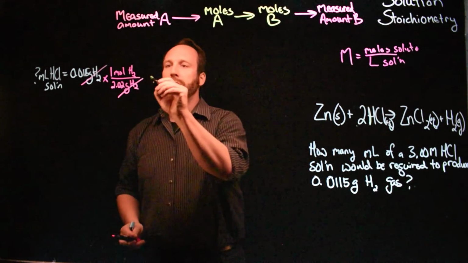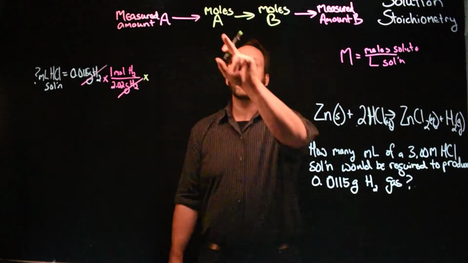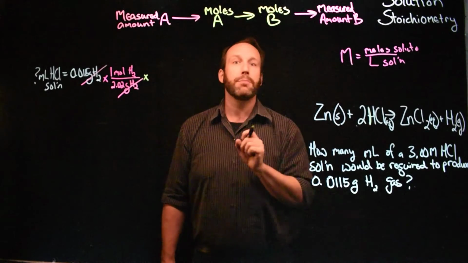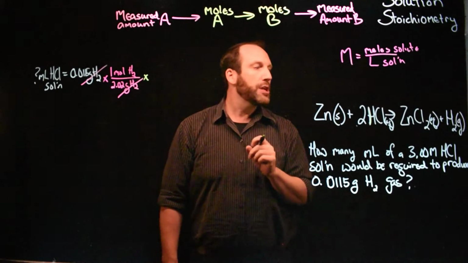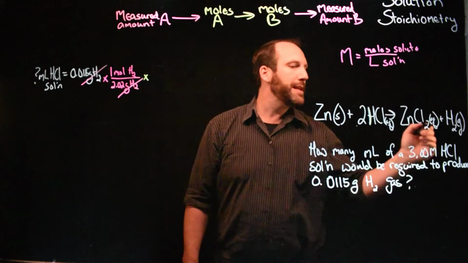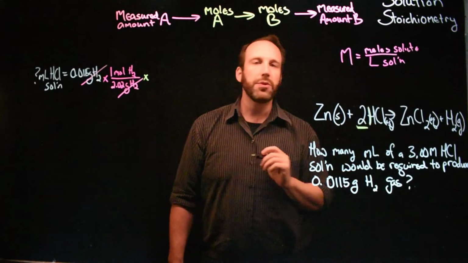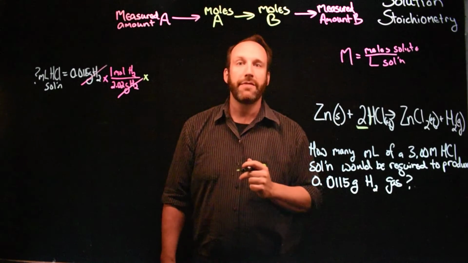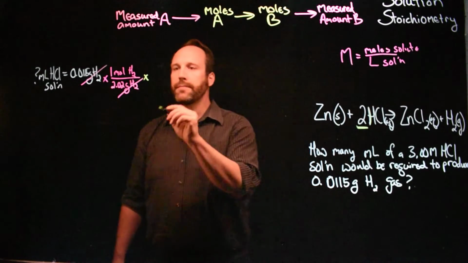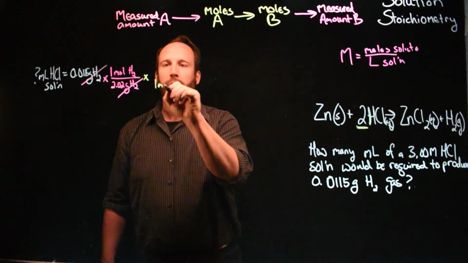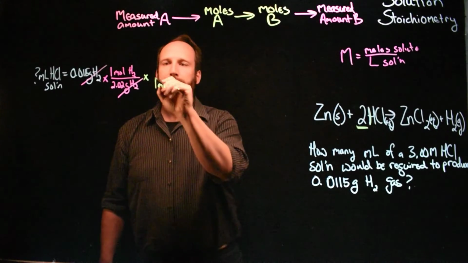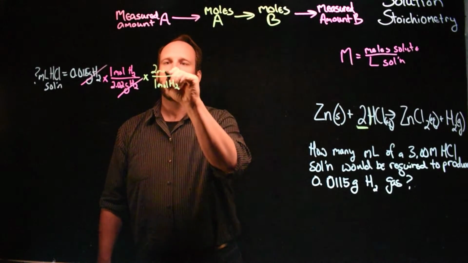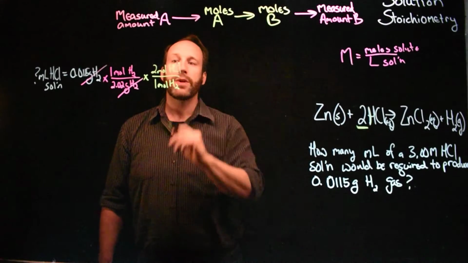Our next step is to do a mole-to-mole conversion to go from moles of H2 into moles of HCl. If I look at the balanced chemical equation, I see that for every 2 moles of HCl that we react, we'll produce 1 mole of H2, okay? So it's 1 mole of H2 produced to 2 moles of HCl reacted.